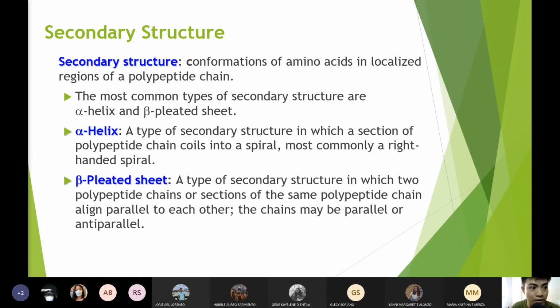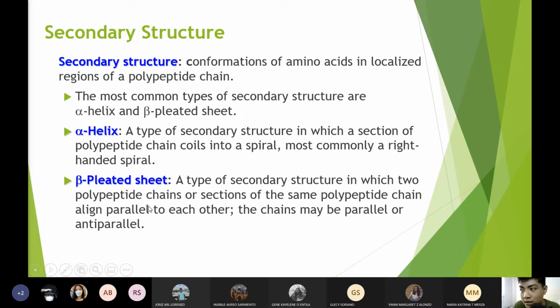Now let's talk about the secondary structure. Okay, the secondary structure of the protein can be inferred from its primary structure. Okay, so pwede mo malaman yung secondary structure na pwede niya gawin kung alam mo yung primary structure. Okay, so commonly naman, dalawa lang yung uri ng secondary structure.